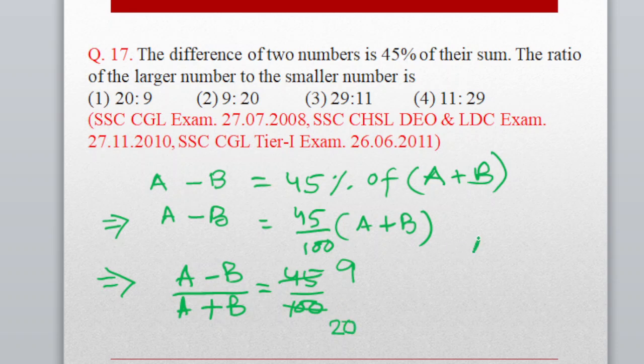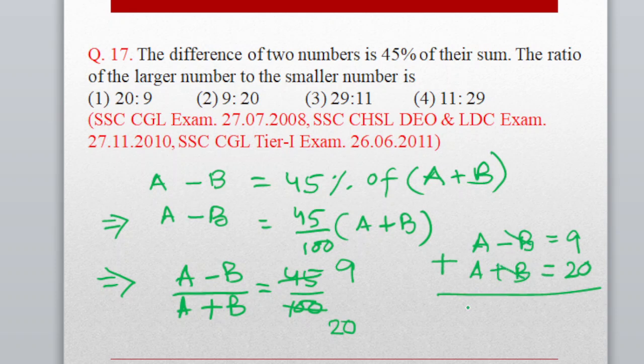Now here A minus B is equal to 9 and A plus B is equal to 20. So after adding, here minus B plus B cancels, so 2A is equal to 29. A is equal to 29 by 2, so that is equal to 14.5.